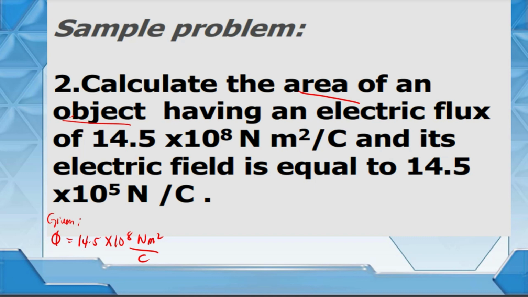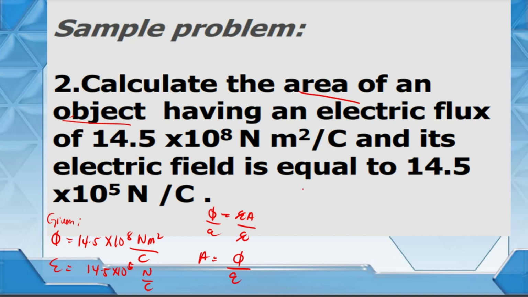And also we have our electric field, which is 14.5 times 10 raised to 5 newtons per coulomb. So using the formula, electric flux is equal to EA. Since we are looking for the A or the area, we need to divide both sides by E. Cancel it out. So A is equal to electric flux over E.